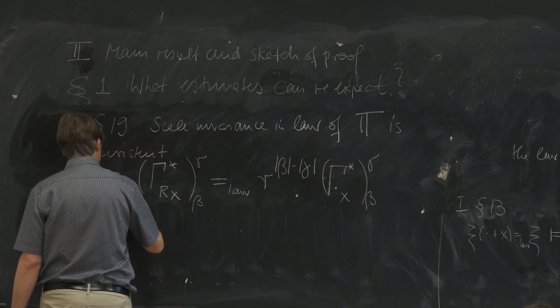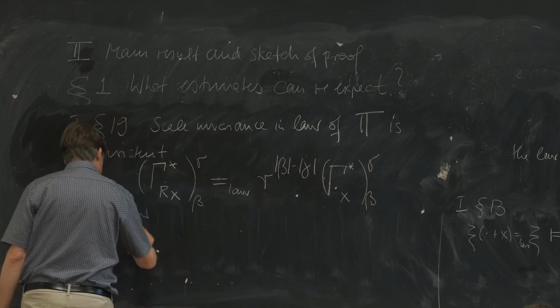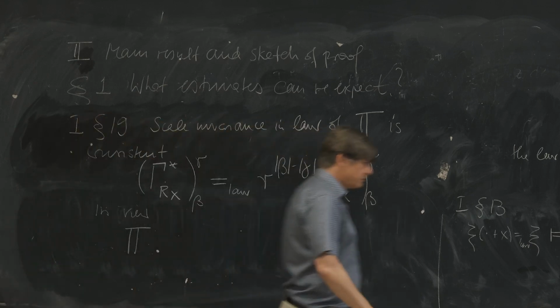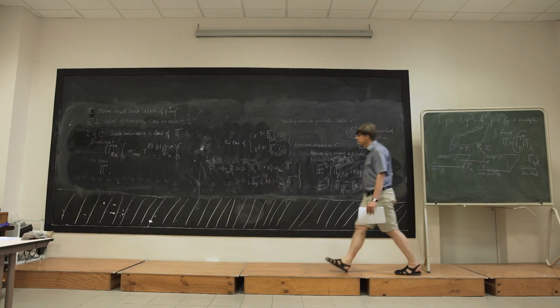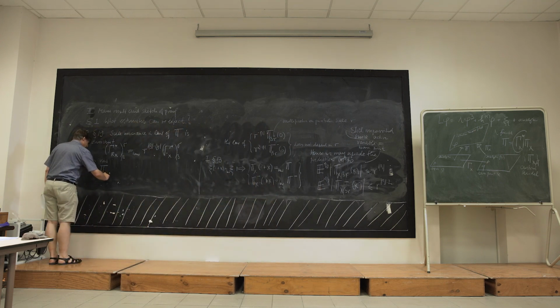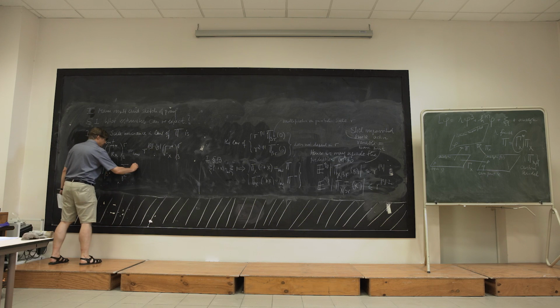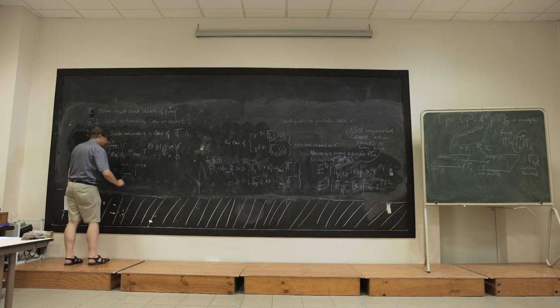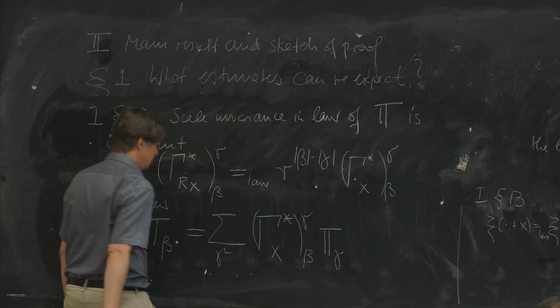In order to see this, this is a component-wise statement. It's best to spell this identity out component-wise, like a vector matrix multiplication. So pi beta is equal to the sum over all gamma of gamma star x beta gamma pi gamma.